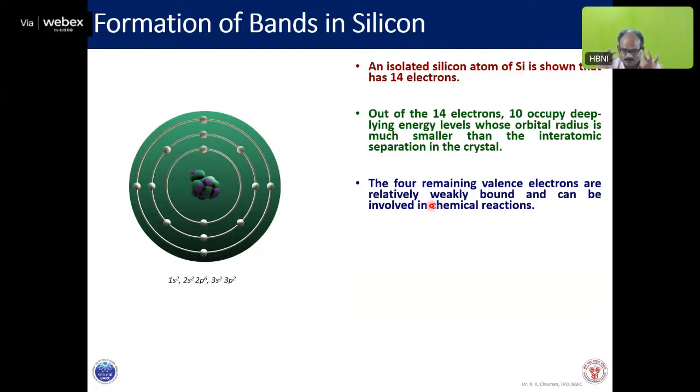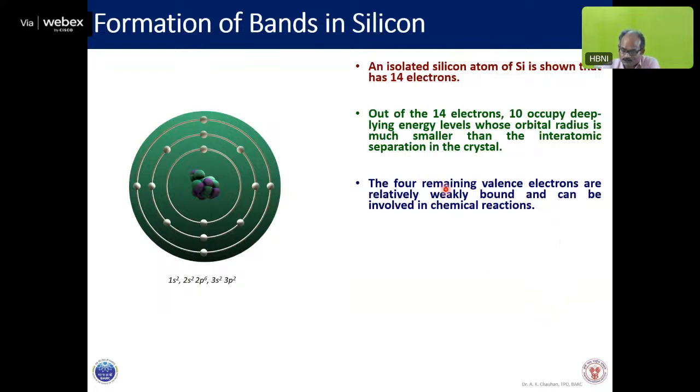Now these 4 electrons, all of us know it very well, because of hybridization they form 3 sp3 hybridized orbitals. That was in basic science we studied.